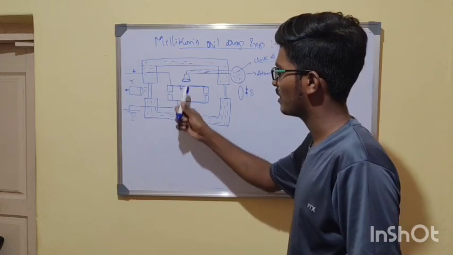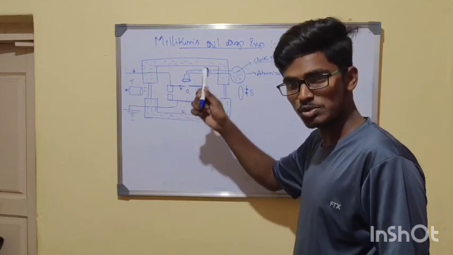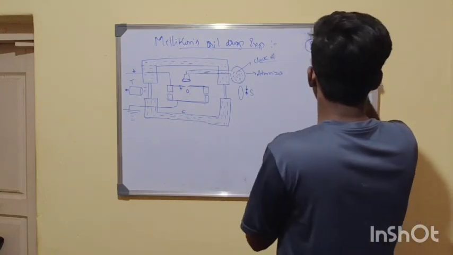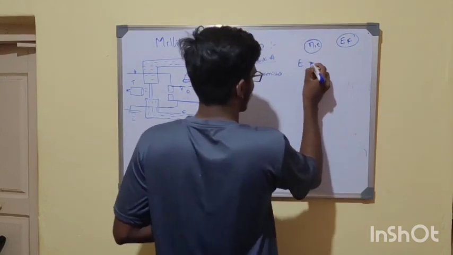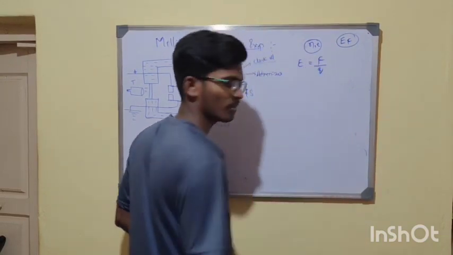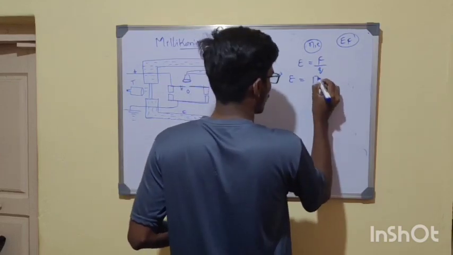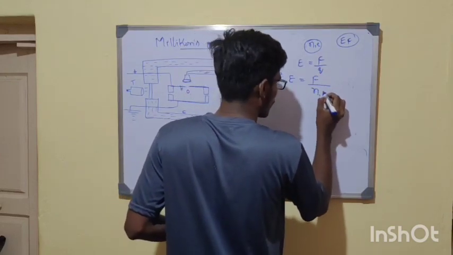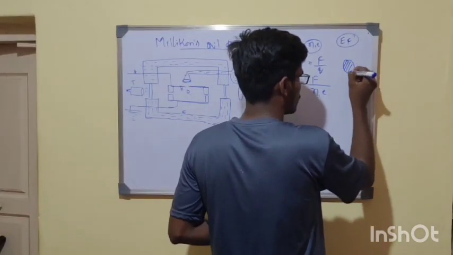When I apply the electric field along these two plates, these charged oil droplets are influenced by the electric field. I know electric field is nothing but force per unit charge. In this case, electric field is force divided by n1 number of charges of the oil droplet we are observing.